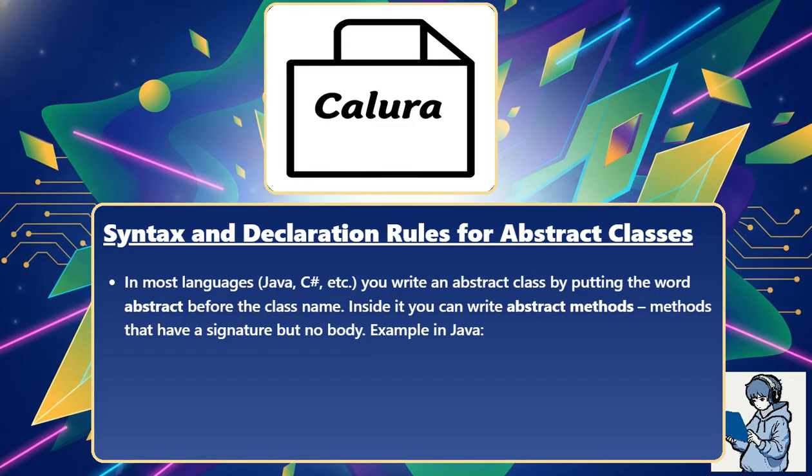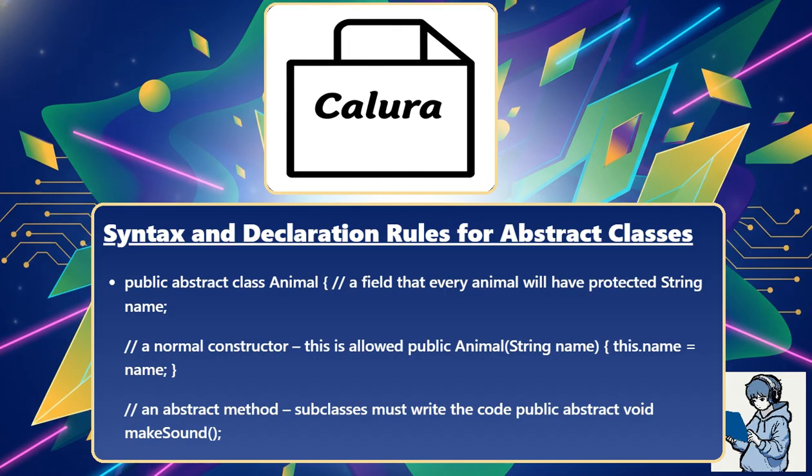In most languages, Java, C#, etc., you write an abstract class by putting the word abstract before the class name. Inside it, you can write abstract methods, methods that have a signature but no body. Example in Java. Public abstract class Animal { // a field that every animal will have protected String name; // a normal constructor.